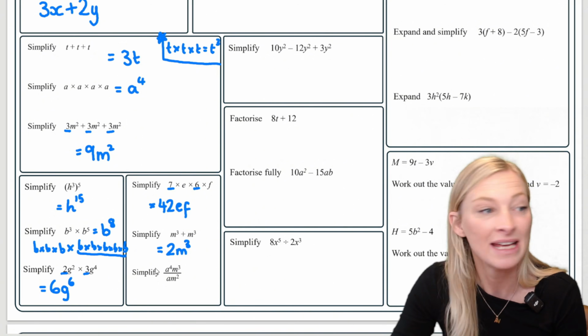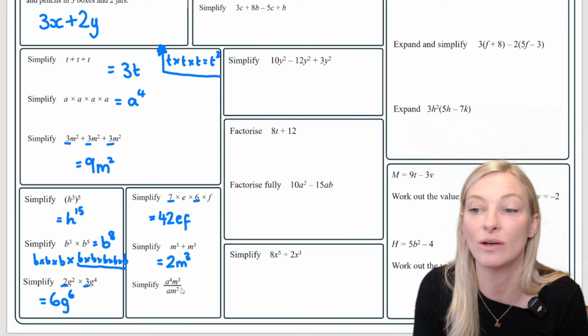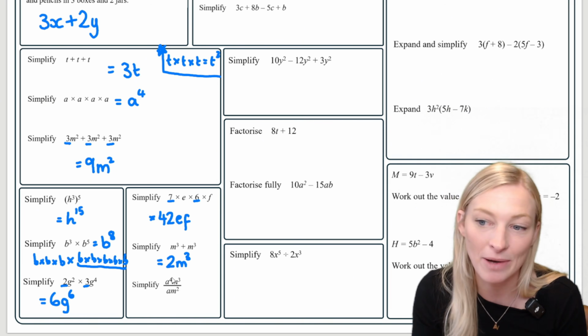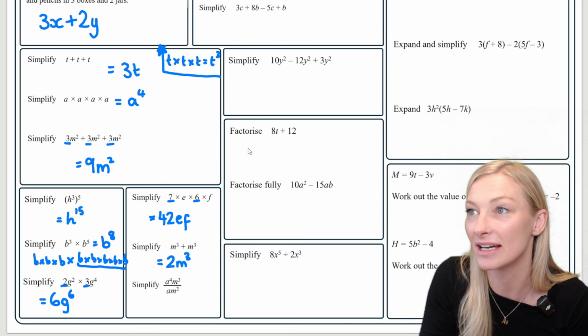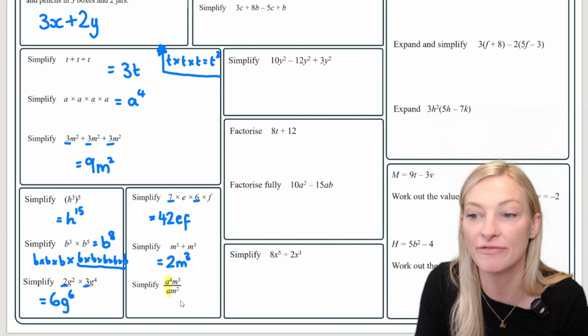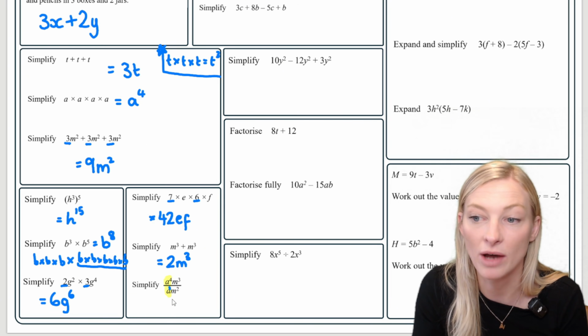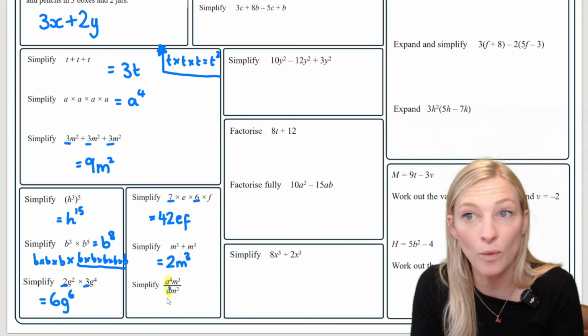And then at the bottom, simplify a to the power of 4, m to the power of 3, all divided by am squared. Now that's quite tricky, but what we can do to make it a little bit easier is firstly just look at the a's. If I have a to the power of 4 and I'm dividing that by a, that's the same as a to the power of 1. When we divide, we take away the powers.